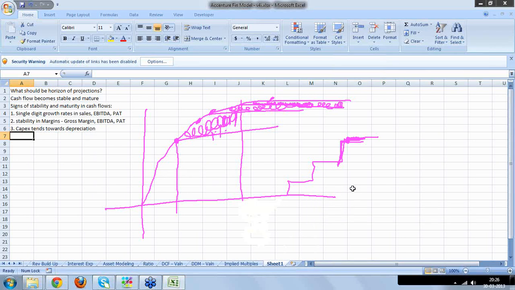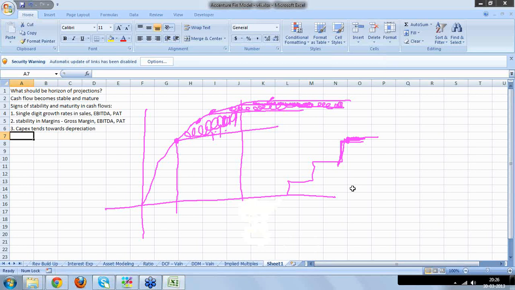Then the impact on revenue takes another 2-3 years to build in. So if you have done a high CapEx this year, and if you apply a terminal growth rate, it assumes that your entire sales now grows on a small base and your entire CapEx grows on a high base. So your CapEx will continue to be high till eternity. Your sales will continue to be depressed till eternity.